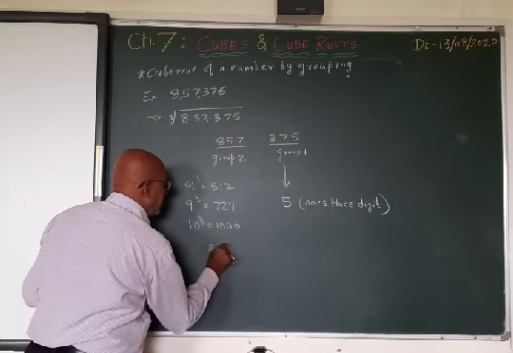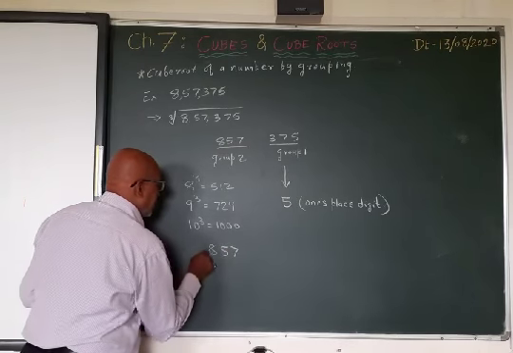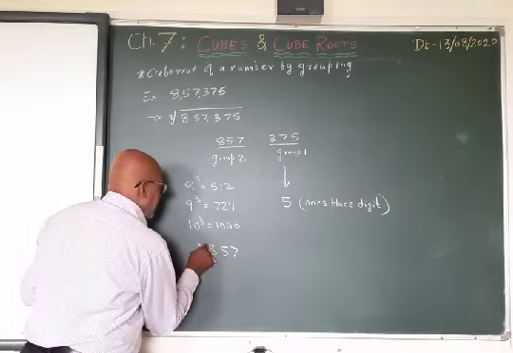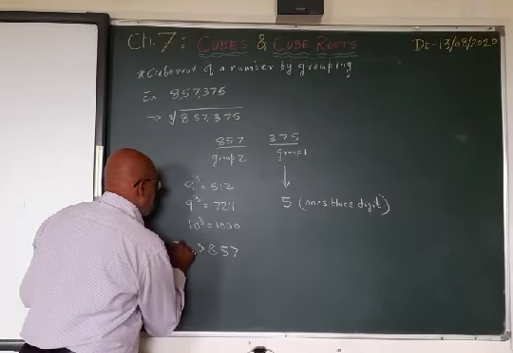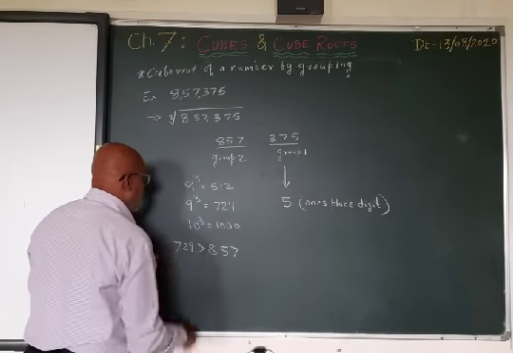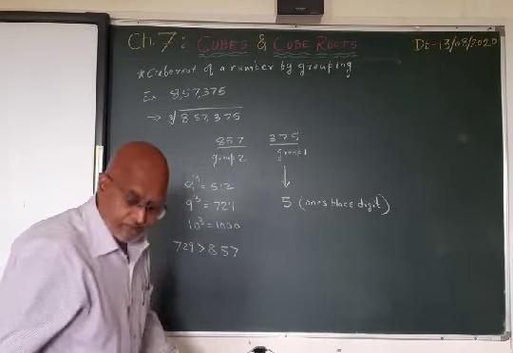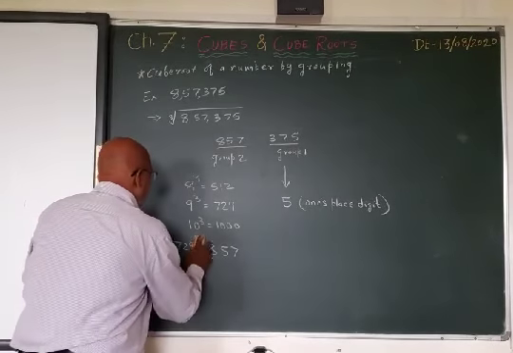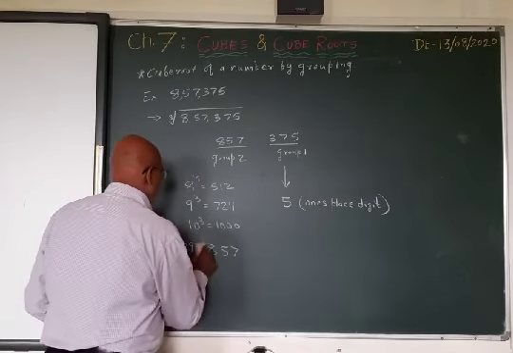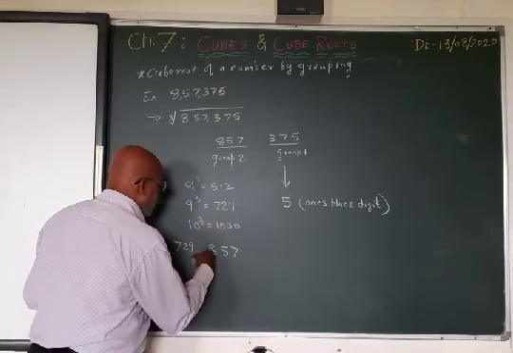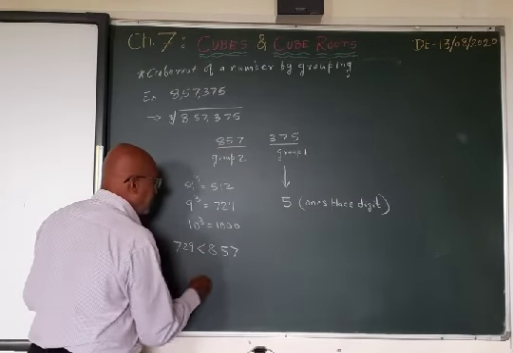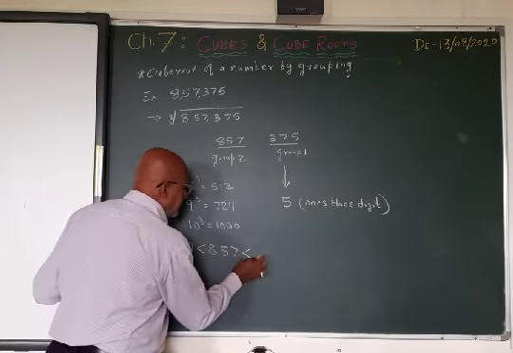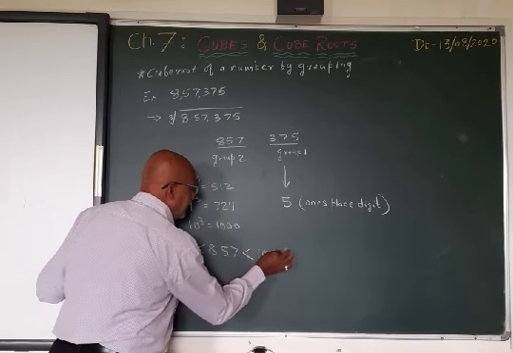Now this number 857 is in between 729 and 1000. 729 is less than 857 and 857 is less than 1000.